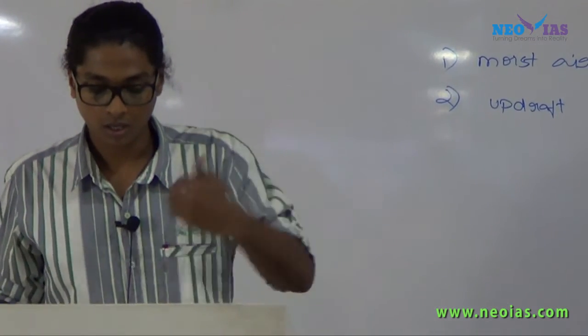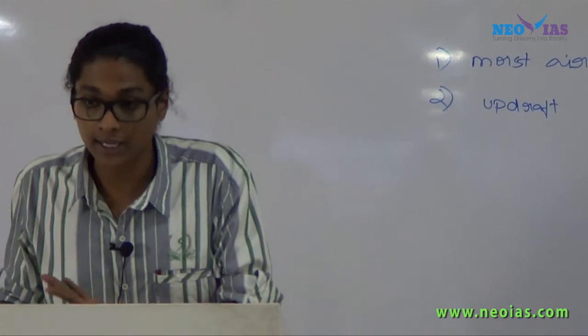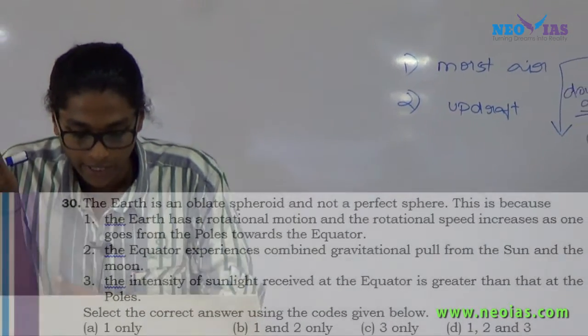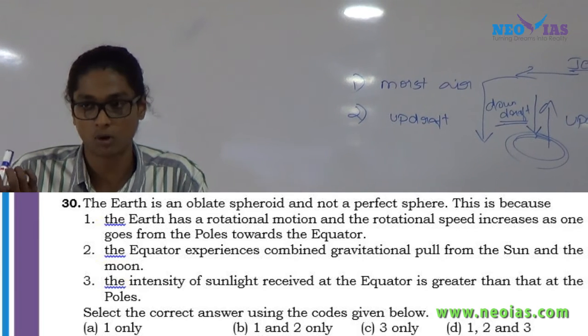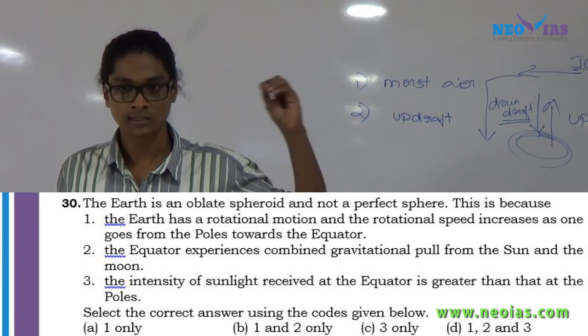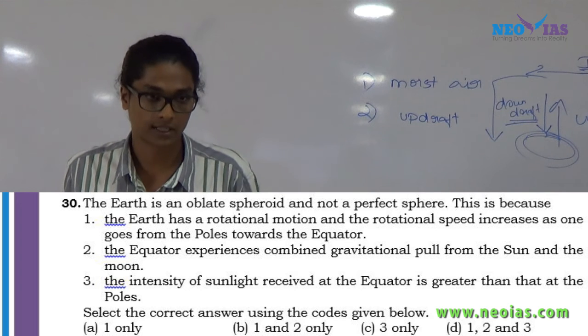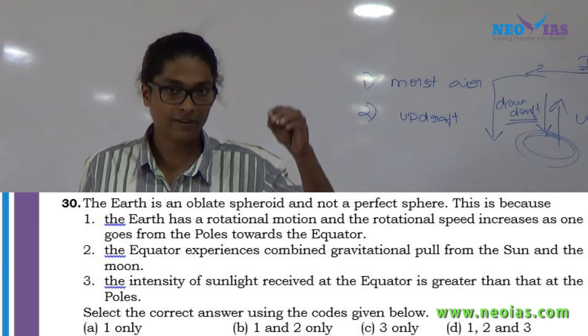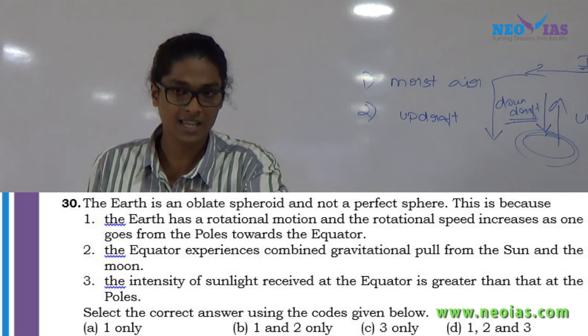Now come to the 30th question. The earth is an oblate spheroid and not a perfect sphere. Again, we have already discussed this in the class. The reason is the rotation of the earth. The rotation felt on the earth differs as you go from the pole towards the equator.